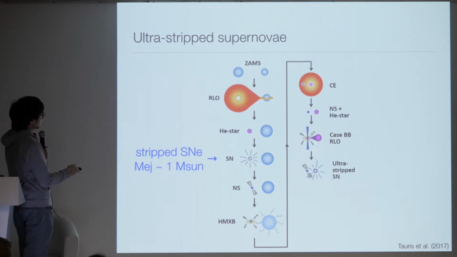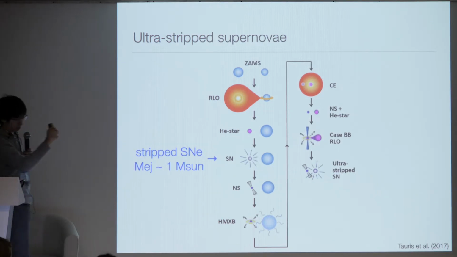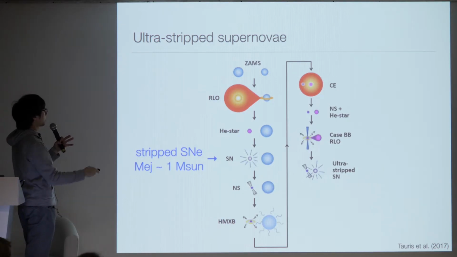And then what happens is that as this helium star evolves, because again, as I explained in the first lecture, at some moment this helium star will start shell burning after losing all the helium at the center of the star, and then some small amount of envelope can expand.